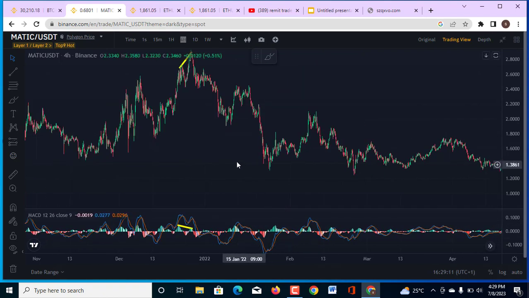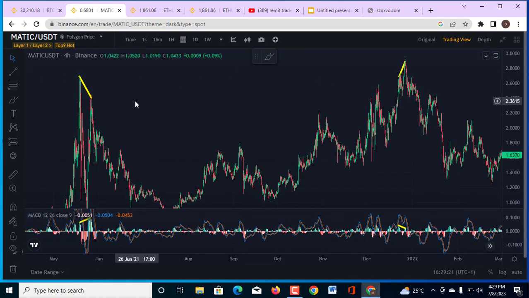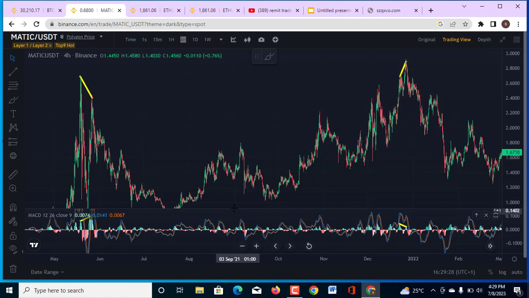So if I make it very clear, you see divergence right here, and then divergence on the indicator, the market began to crash back to the downside. The same thing we saw in the past: divergence right here, and then divergence on the indicator, the market began to crash back to the downside.